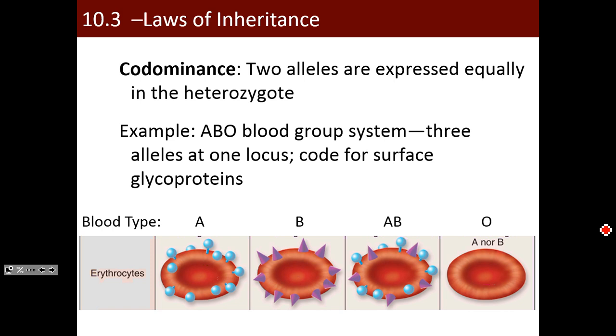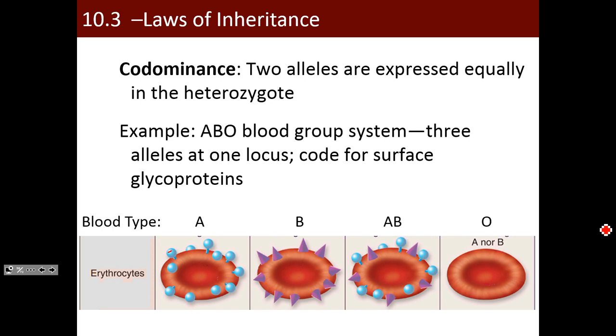You can be blood type A, blood type B, blood type AB, or blood type O, right? And which of those particular phenotypes you are is determined by a glycoprotein that you carry on the surface of your red blood cells. Okay. So if this is our red blood cell here, if you are type A, then you only have the A glycoprotein on the surface of your red blood cell.